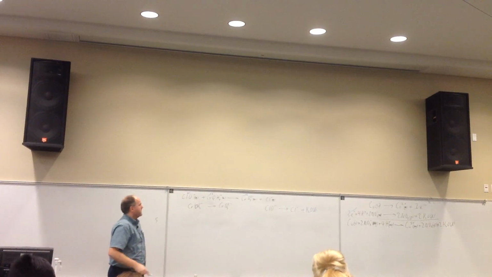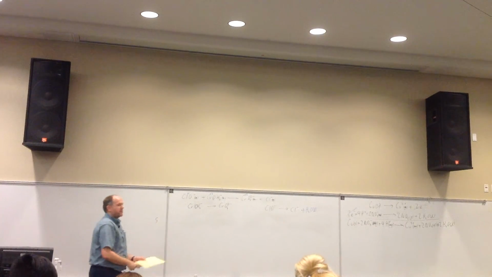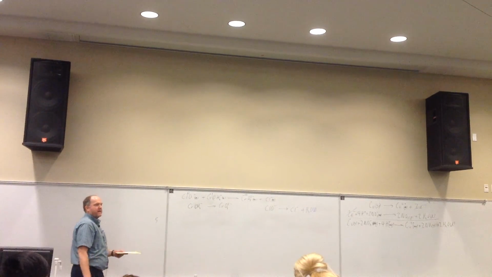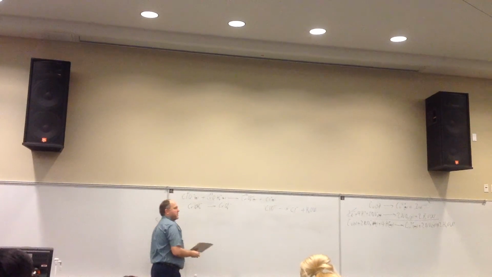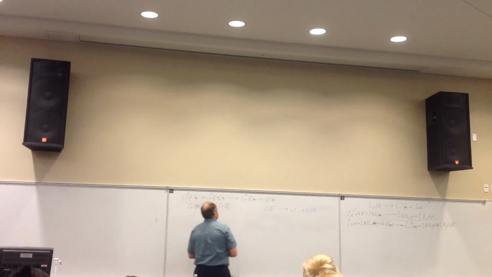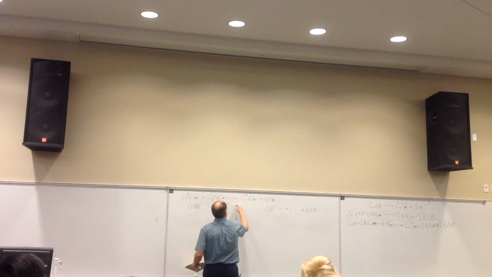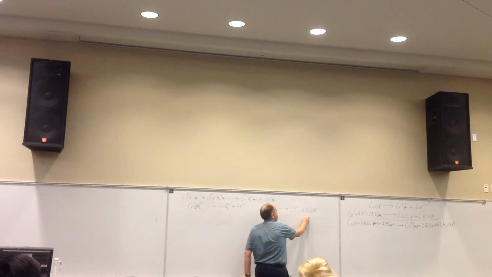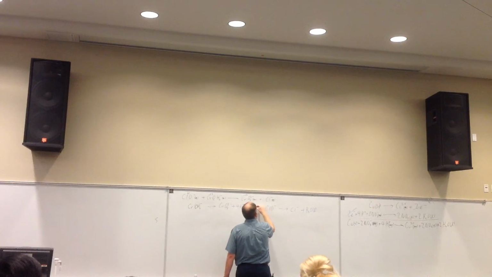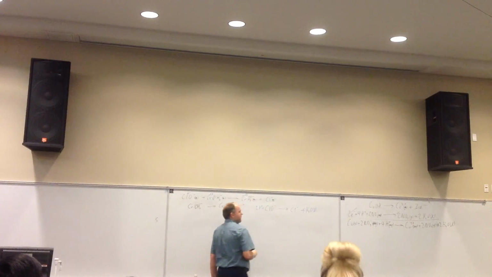Now, next step is to balance H's by adding hydronium, or actually adding protons. I have 4 H's here, so I'm going to need to add 4 hydroniums here. I have 2 H's here, so I have to add 2 hydroniums here.